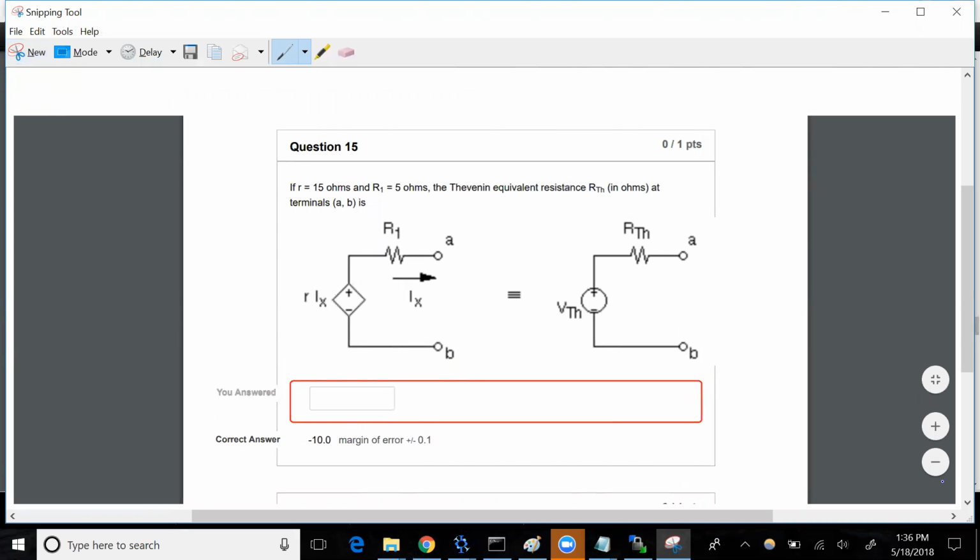So for this one, when you just have a dependent source, you have to put a test source, test voltage or test current source on it. And we know this is 5, and this is 15 IX.